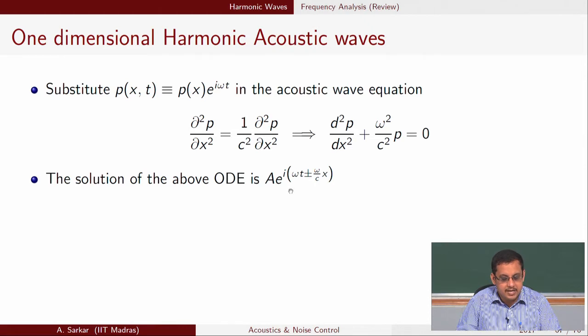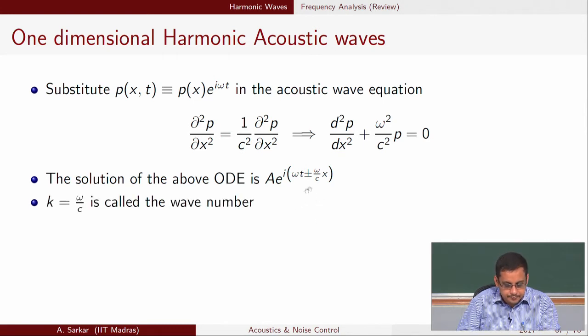Fundamentally there are two solutions, e to the power i omega t plus omega by c times x or e to the power i omega t minus omega by c times x. With these two solutions you can superpose or combine them in any combination and get the solution to the partial differential equation.